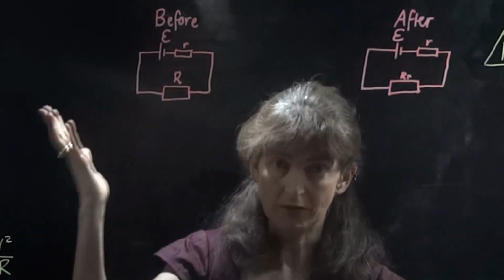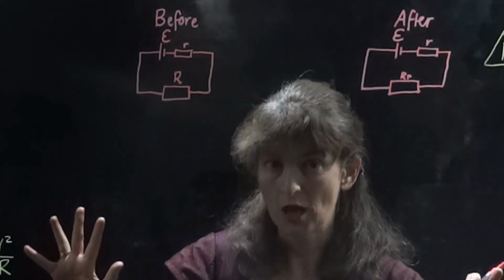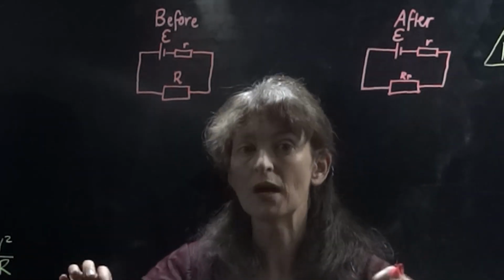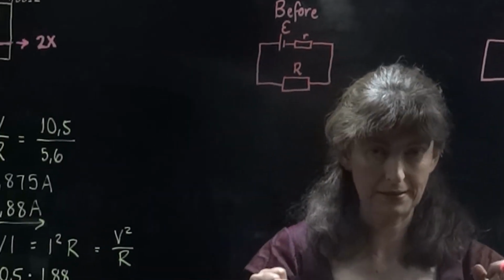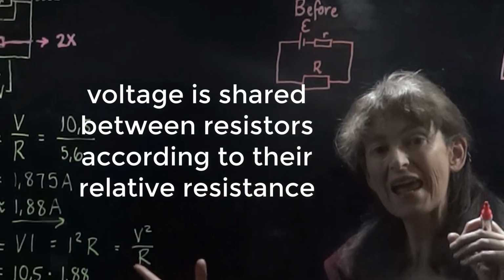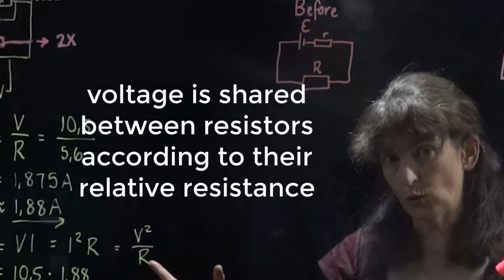And between them, if they're two, as we have here, they have to share that voltage. How do they share that voltage? They share it according to their relative resistance. How resistant they are compared to the other, or we could say compared to the whole.